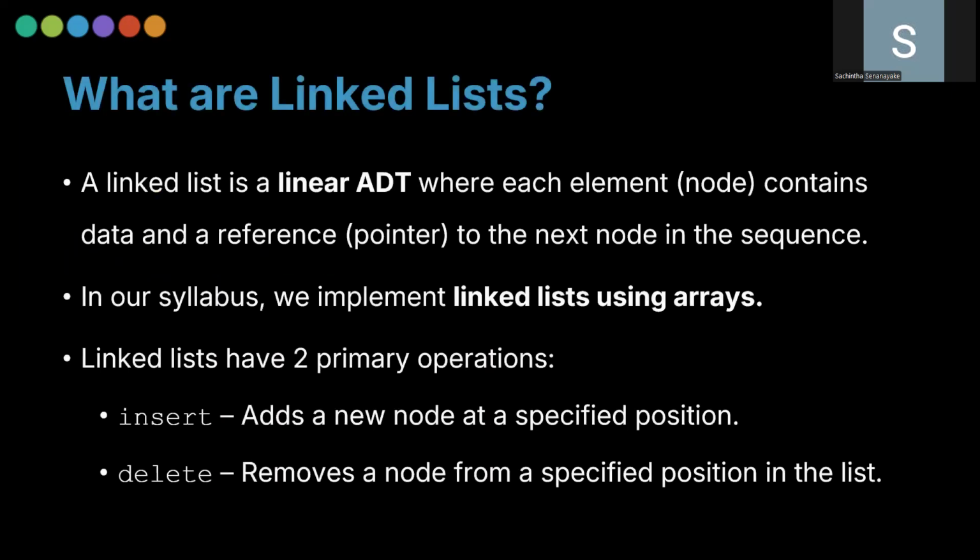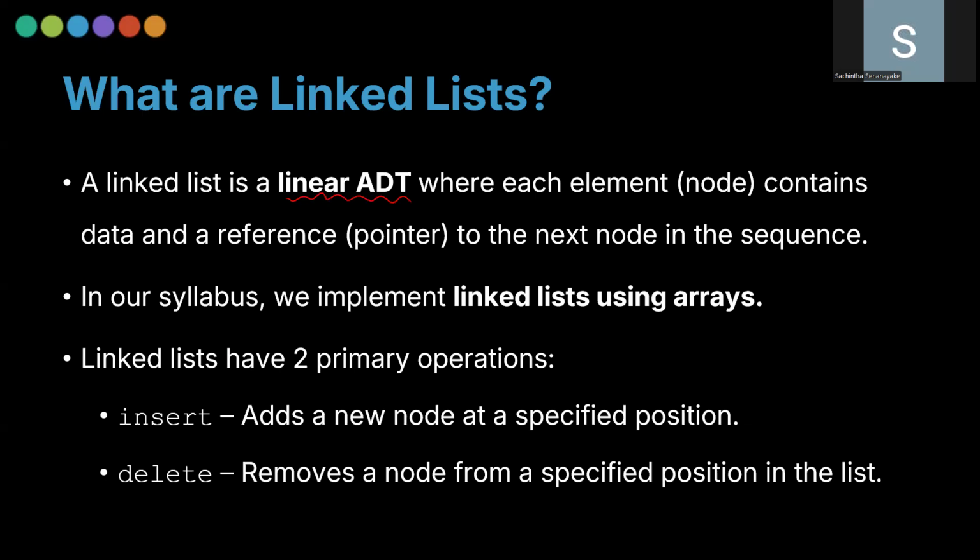What are linked lists? Linked lists are what we refer to as a linear abstract data type, because in a linked list, you have these so-called nodes or elements, where each node points to the next node. So there's no tree structure or hierarchical structure.